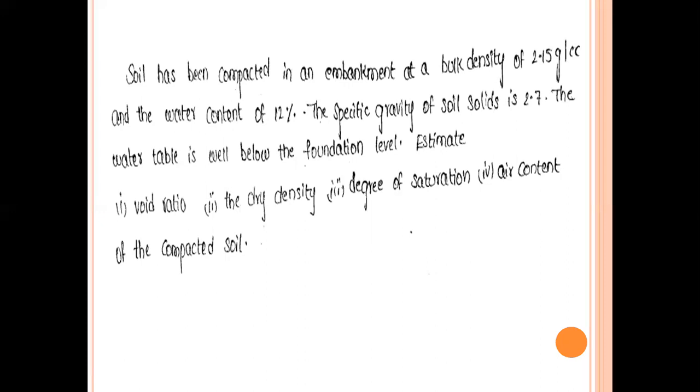Here estimate the void ratio, dry density, degree of saturation and air content of the compacted soil. So in this problem we find out void ratio, dry density, degree of saturation, and air content. Here we find out four contents. In given data, bulk density is 2.15, water content is 12 percentage and specific gravity is 2.7.